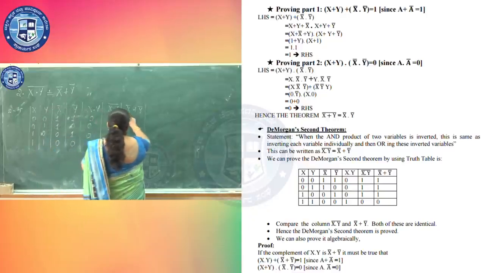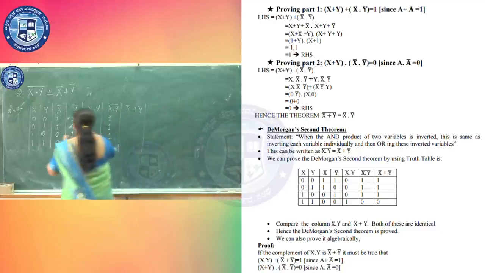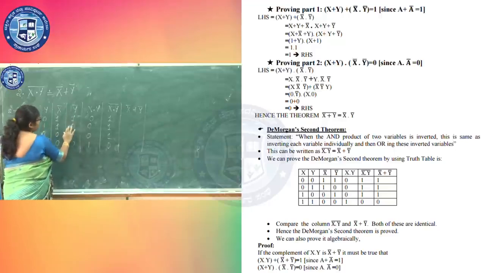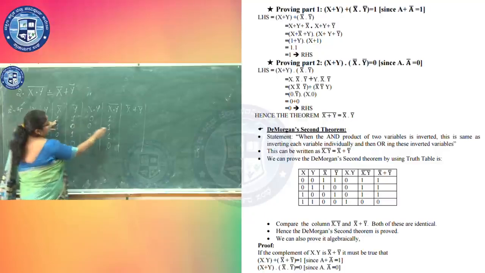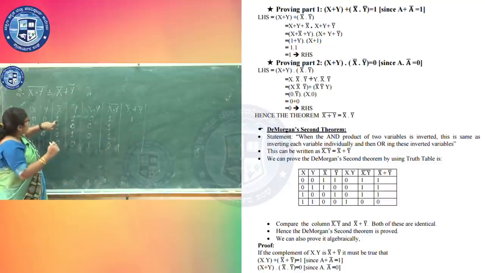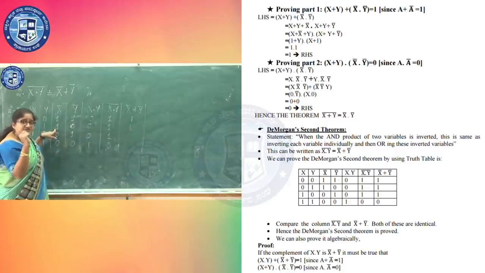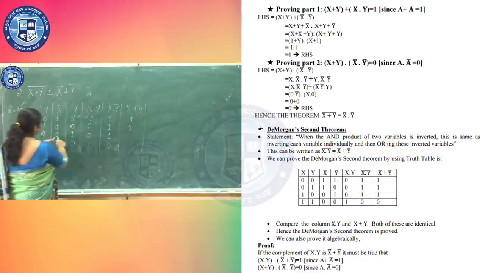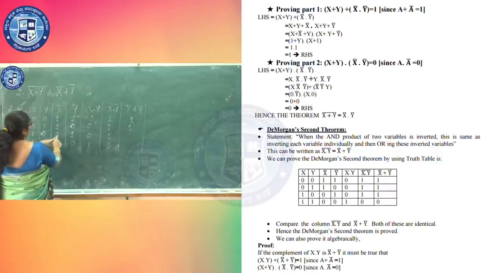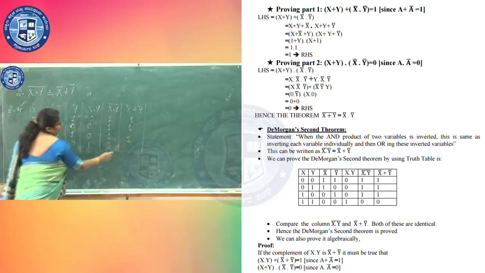After that, we have x dash plus y dash, that is x dash OR y dash. We have to consider only these two columns and OR them. 1 or 1 is 1. 1 or 0 is 1, because in ORing, if one value is true, then the result is true. 0 or 1 is 1. 0 or 0 is 0.